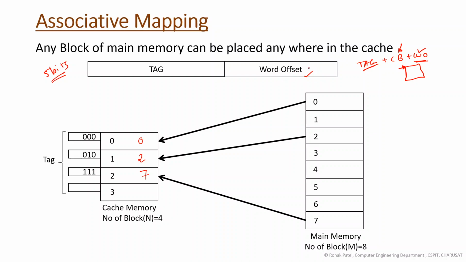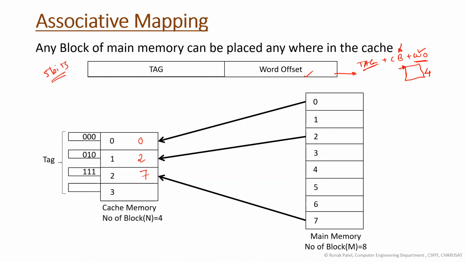The word offset will be the same, because it can be calculated based on your block size. If your block size is 4 words, it means in a block you can put 4 words.